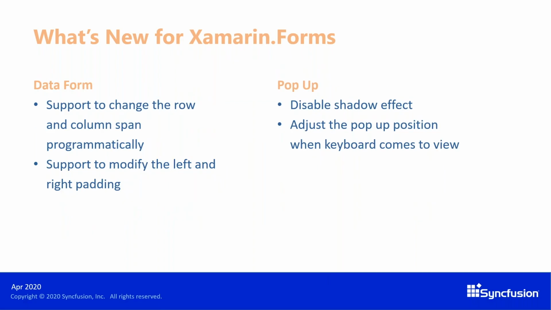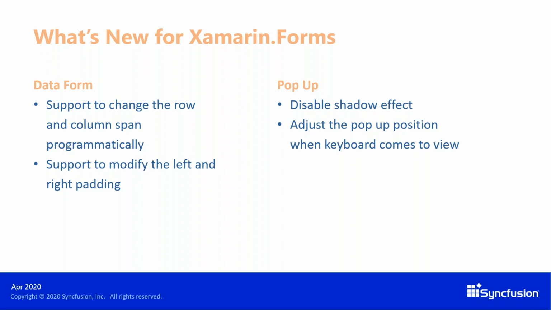So let's move on to the next thing. The next features are from data forms. In data forms, you can now span columns or rows programmatically. For example, if you have so many labels or text boxes, you can arrange them using the rows and columns in the data form, and now you can programmatically span them as well.